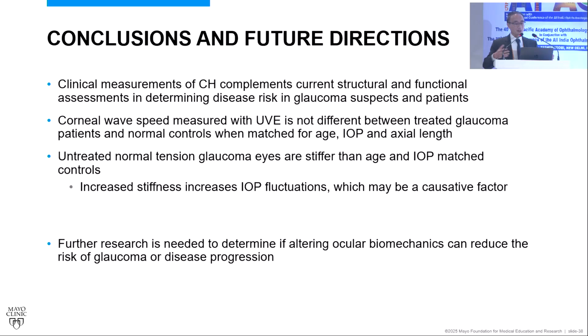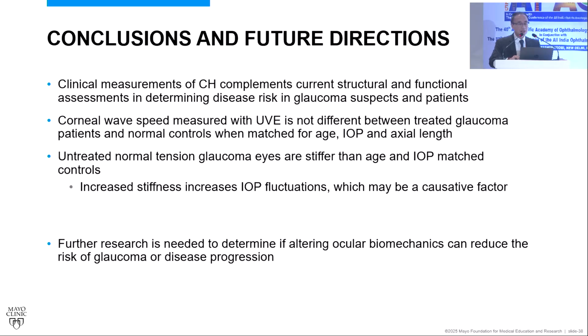So based on this work, what we think is the role of ocular biomechanics. First of all, corneal hysteresis is a complement for current structural and functional assessments in determining risk of glaucoma in suspects and patients. The corneal wave speed is probably not going to be much use because we have to look beyond the cornea.